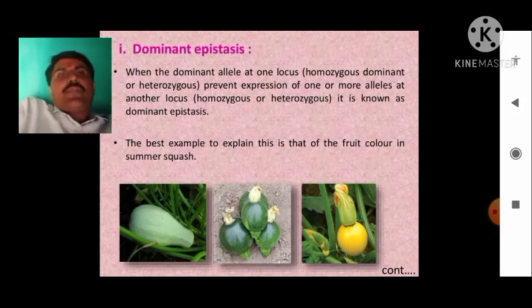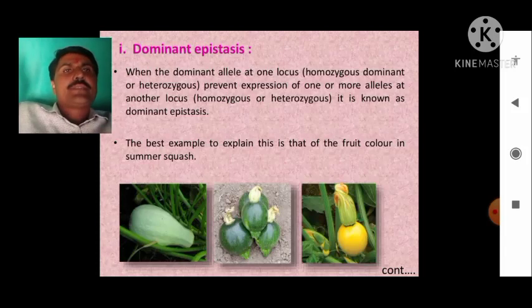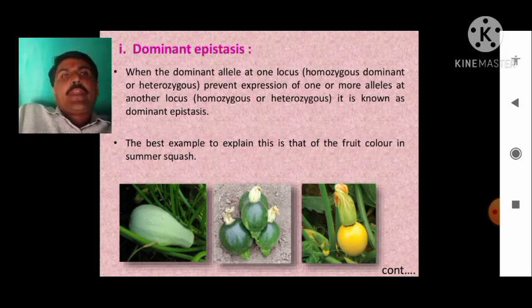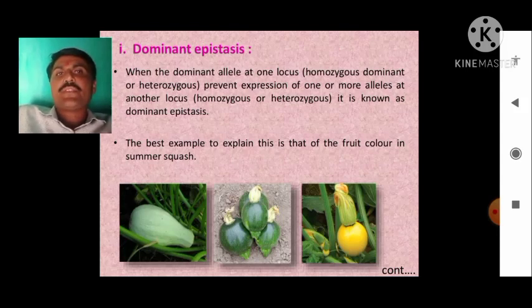We found the best example in summer squash and the color of the fruit. The dominant alleles, whether homozygous dominant or heterozygous, prevent expression of alleles at another locus. This is known as dominant epistasis.